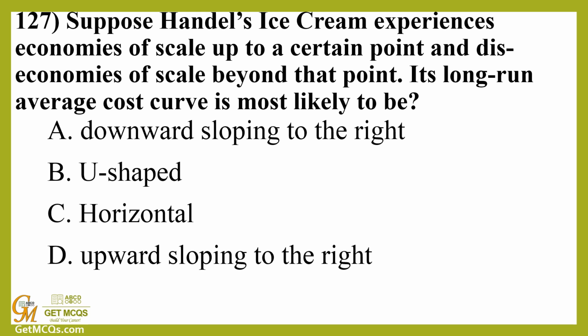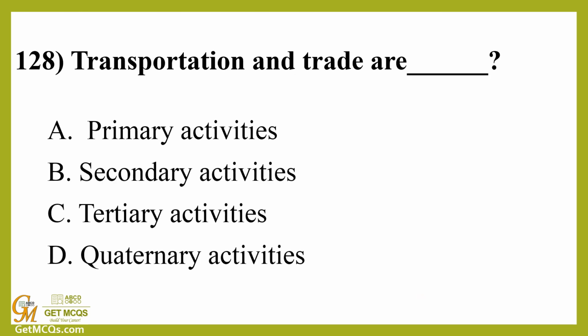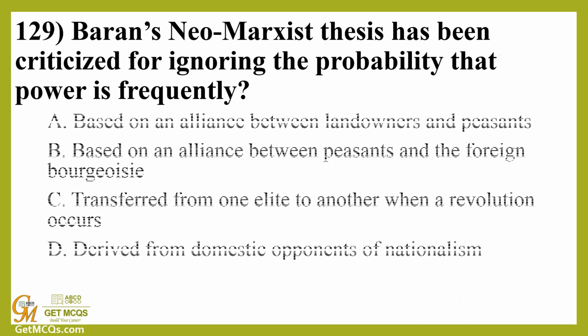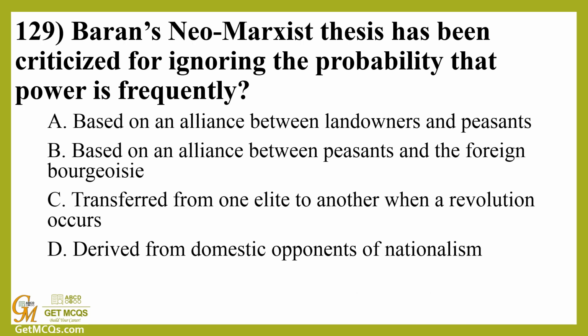127. Suppose Handel's ice cream experiences economies of scale up to a certain point and diseconomies of scale beyond that point. Its long-run average cost curve is most likely to be B. U-shaped. 128. Transportation and trade are C. Tertiary activities. 129.